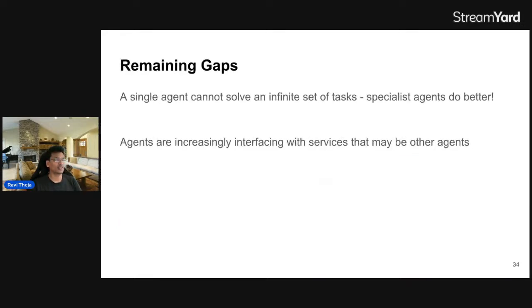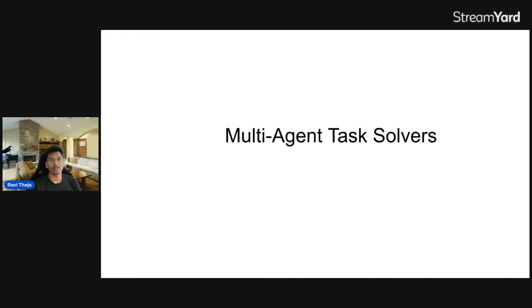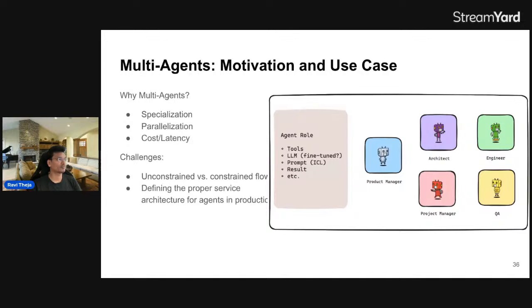But then a single agent cannot solve an infinite set of tasks. You need specialist agents to do much better. And then agents are increasingly interfacing with services that may be other agents as well, right? So that's where multi-agent task solvers come into the picture.